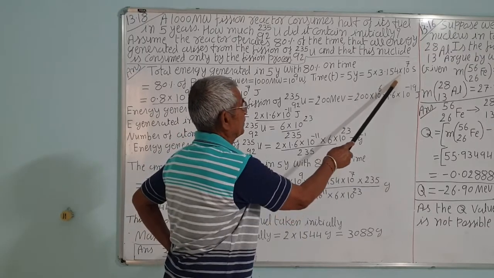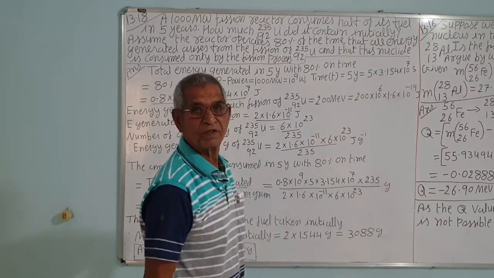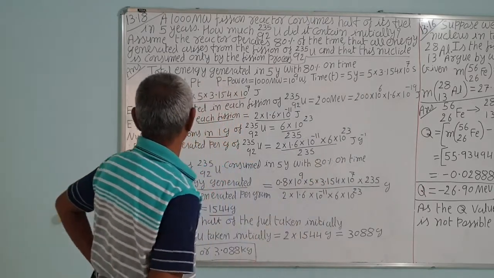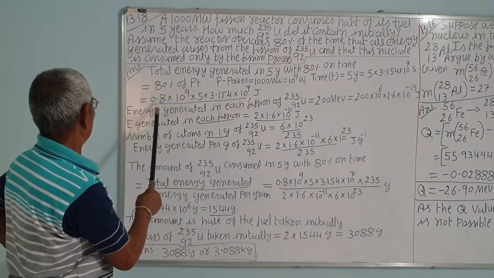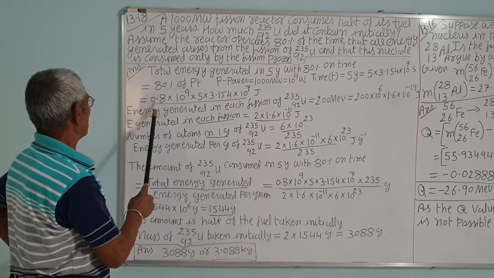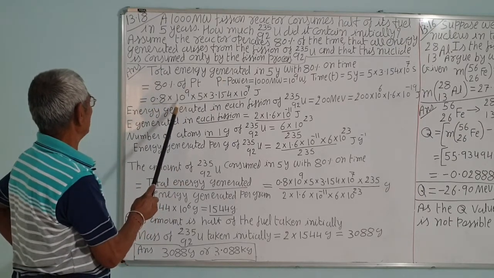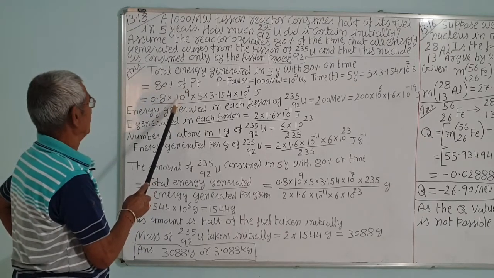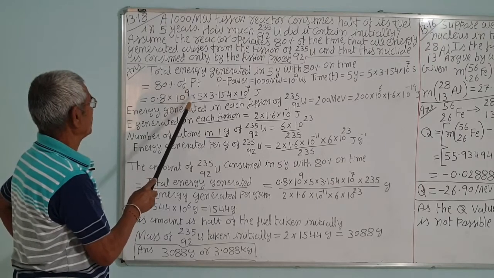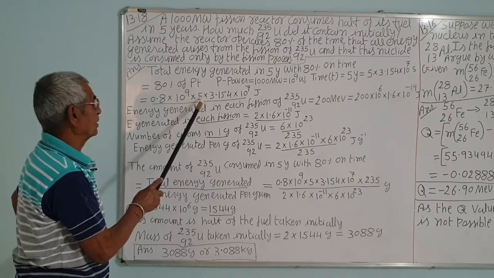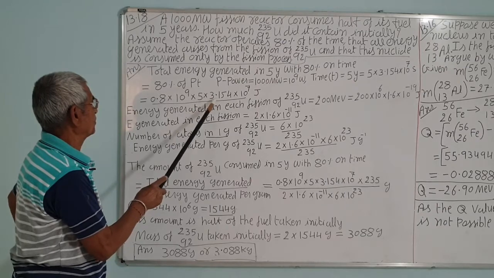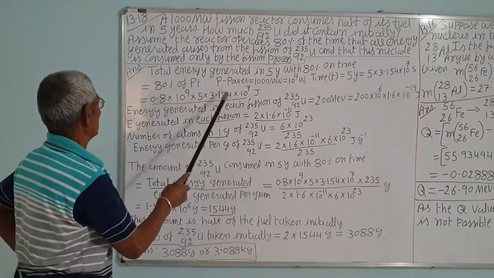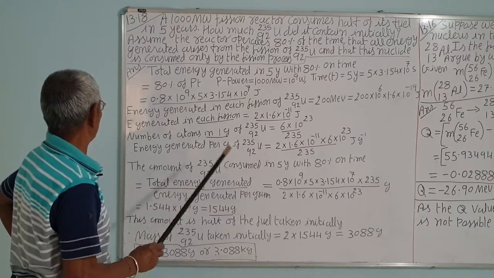These are the seconds of 1 year, so seconds of 5 years multiplied by 5. So this is the energy generated in 5 years. So 0.8, that is 80 by 100, into 10^9 watt into time, that is 5 into 3.154 into 10^7, the answer will be in joule.